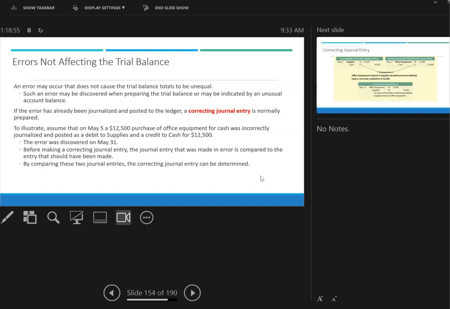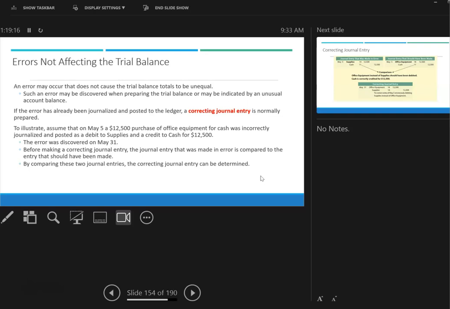Errors not affecting the trial balance. An error may occur that does not cause the trial balance totals to be unequal. Okay, what that means is the purpose of this is to have our trial balance where our debits equal our credits. There are ways we can still make a mistake and yet we still balance.